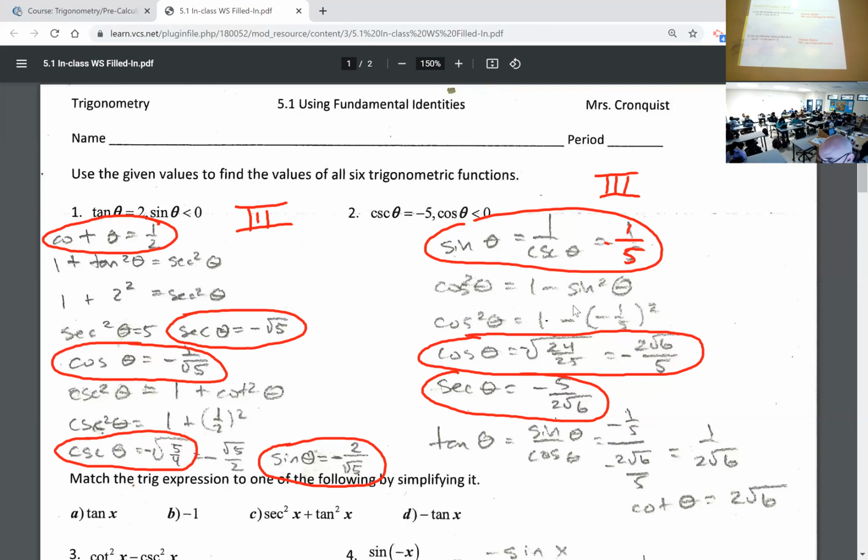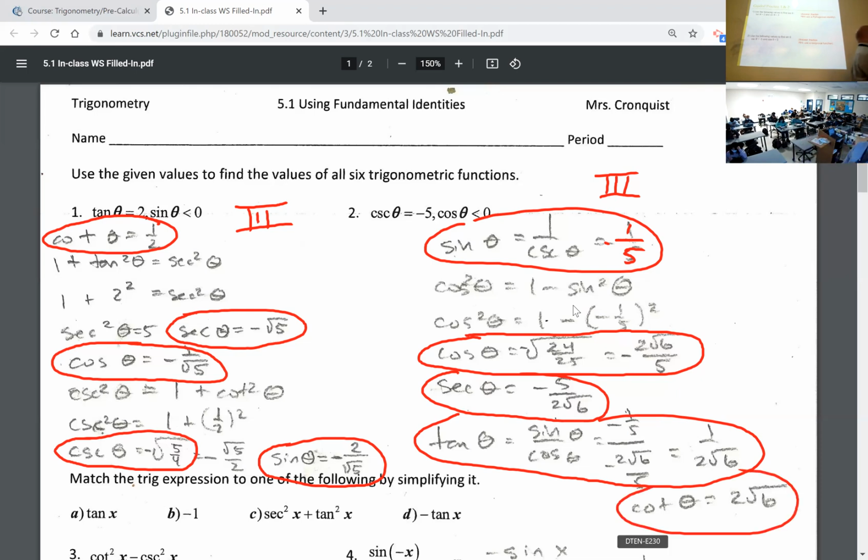The 5's cancel out, the negatives cancel out, and I'm left with tangent is equal to 1 over 2√6. Cotangent is the reciprocal of that. Cotangent is equal to 2√6. So again, it probably would have been easier to do with triangles and just draw a triangle, but this is showing you that the trig identities do indeed work.